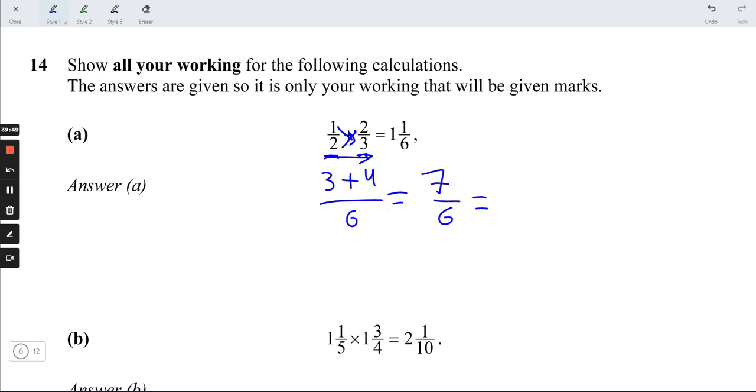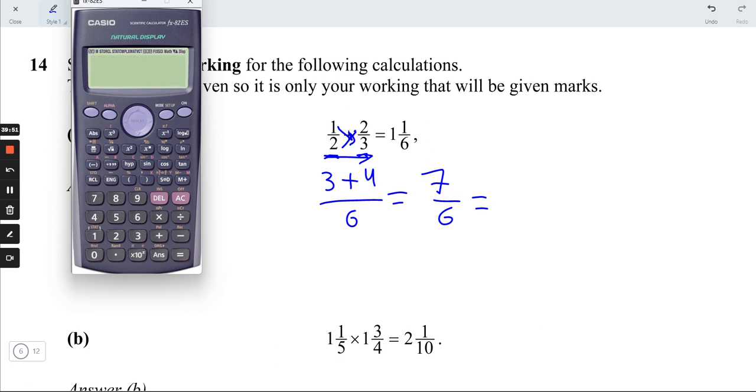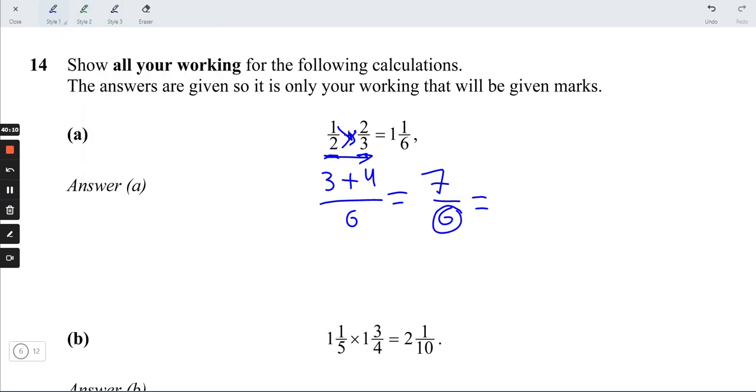If you are not able to change it to a mixed number, you could write it here. How was this? Change it to mixed number. I will figure it out. Sorry. The idea is, how many 6 inside 7? 1 six. Left over, 7 minus 6 is 1, so 1 over 6.